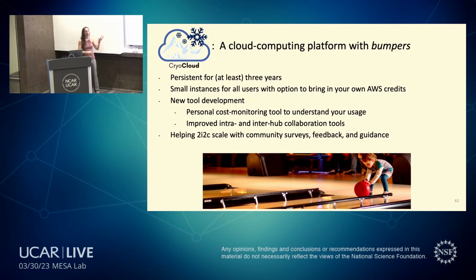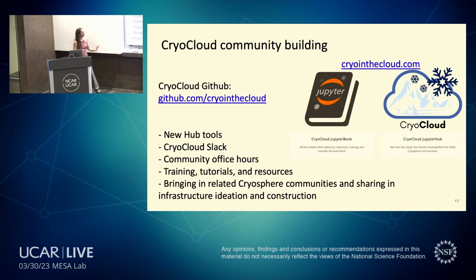On top of that, 2i2c is a very young nonprofit, and so we're helping 2i2c to scale up by taking community surveys, getting feedback and guidance, and all of that also helps us to better understand best practices for our community. If you want to check out what we built, it's at cryointhecloud.com.